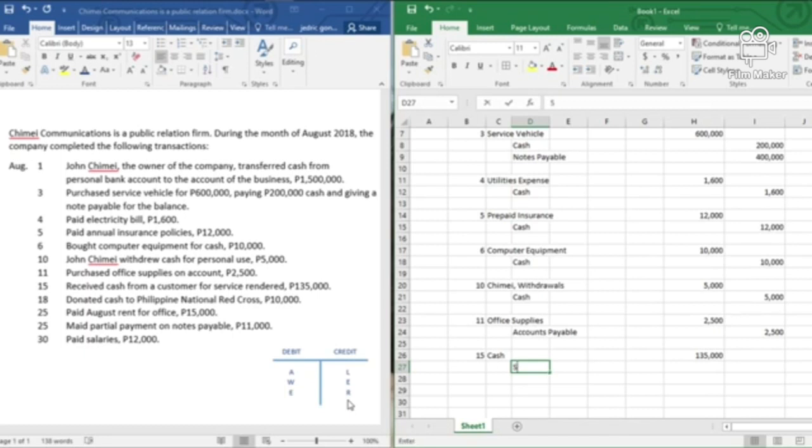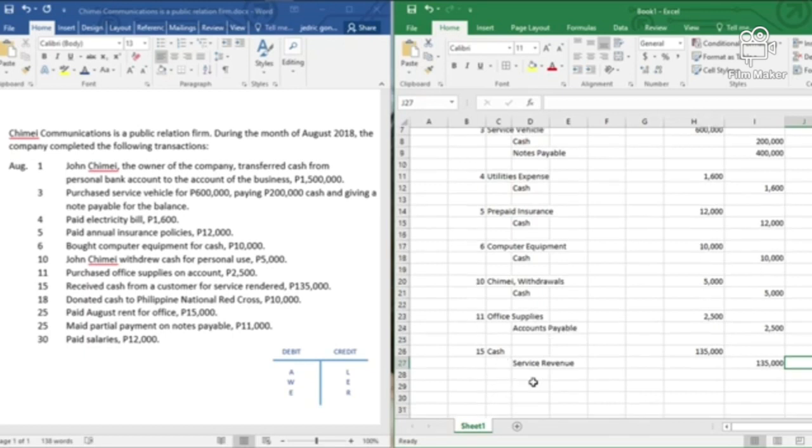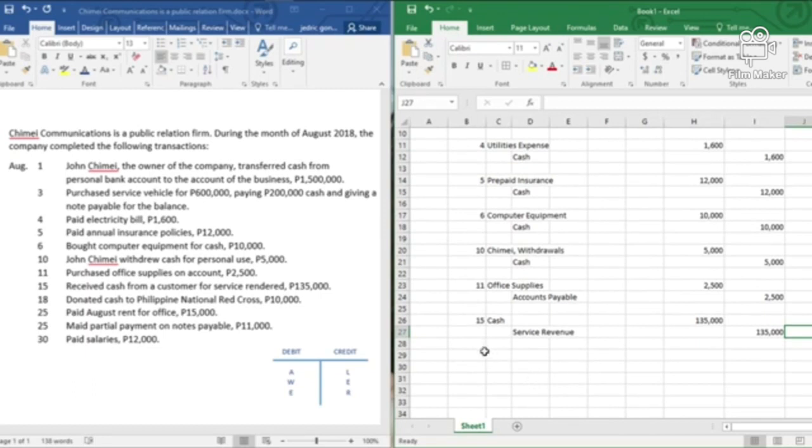So, let's have service revenue, 135,000. Or, if you want to be specific here, you can use the account title, Public Relation Revenue. Okay, but for now, let's just settle with service revenue.